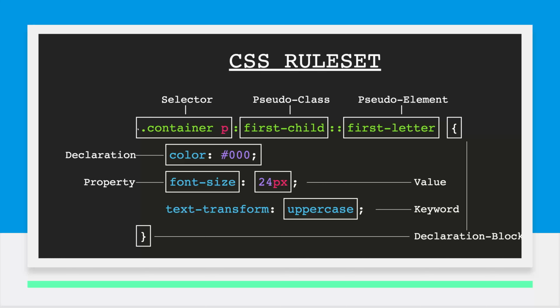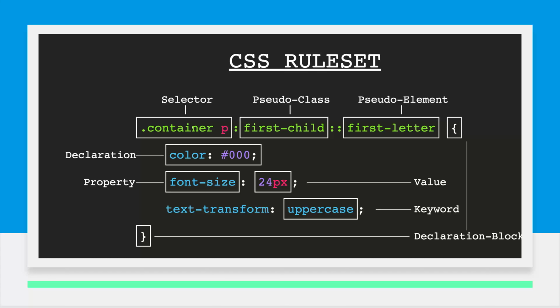We're using quite a few selectors here in combination to apply this to a specific part of our web page. The first part of the selector says we're going to select whichever element has the class container on it.